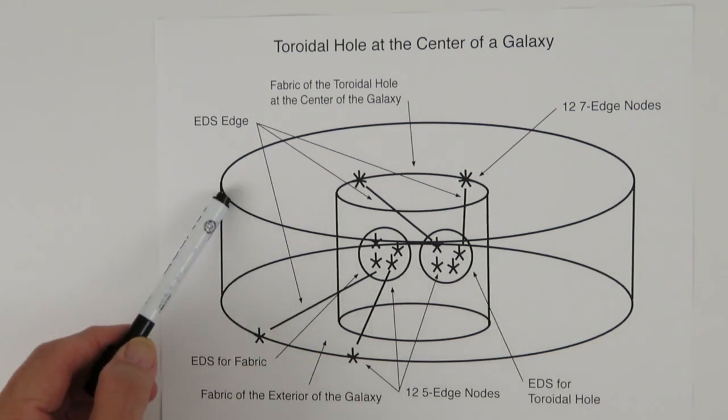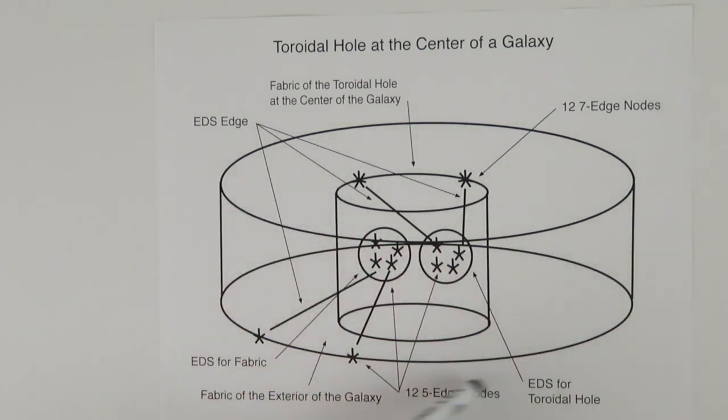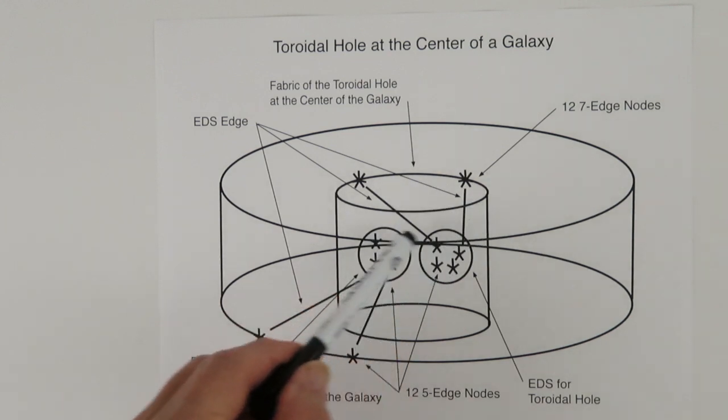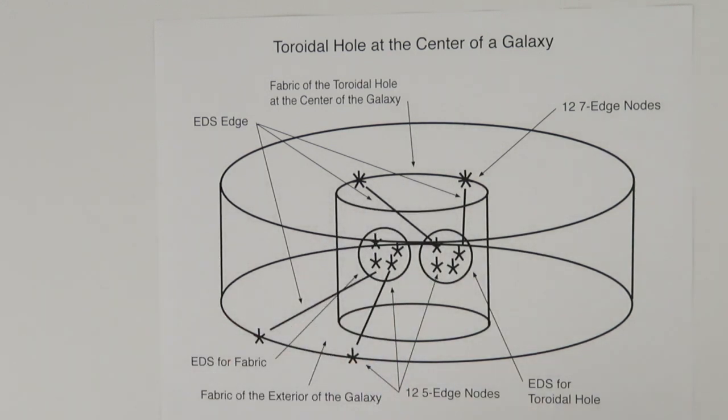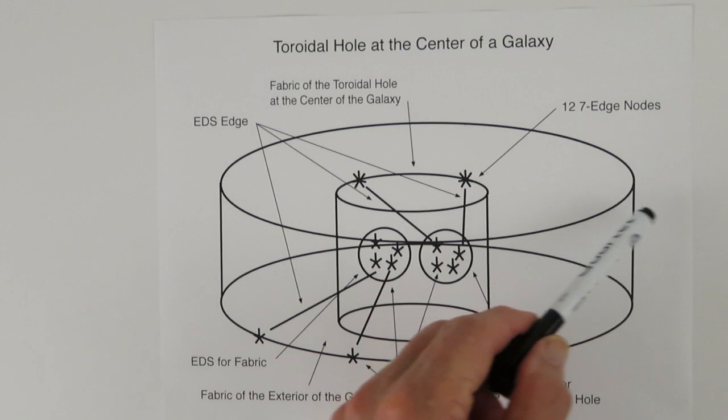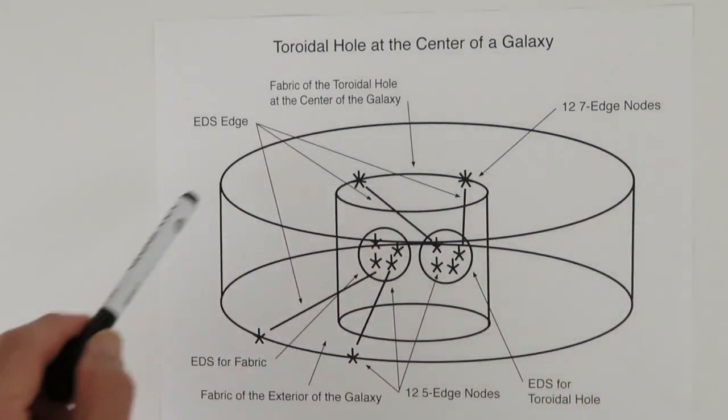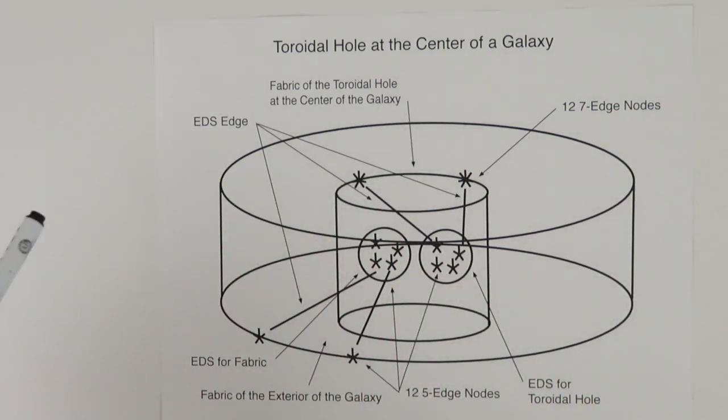We have a torus zero on the outside acting as the container for the galaxy. We have the toroidal hole in the center, which acts as some perhaps motive force for the rotation of the galaxy. And then, of course, we might have connections out here in various places that connect this relatively isolated structure, the galaxy, to other galaxies and to the whole universe.